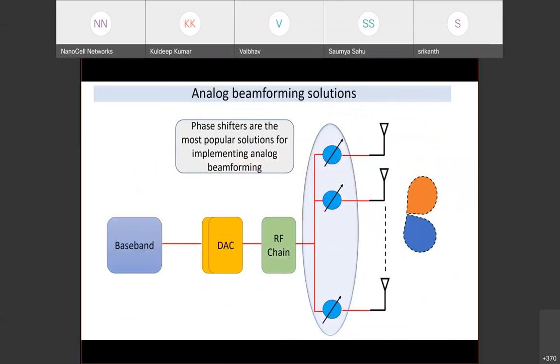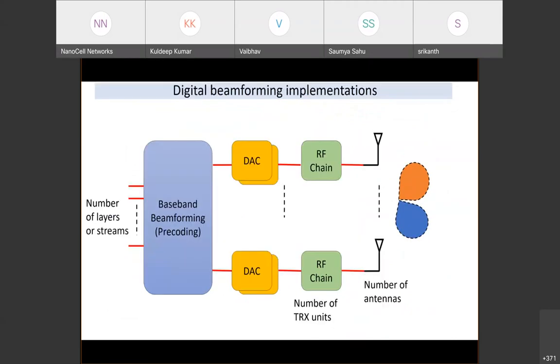In analog, remember, the simplicity is that one DAC and one RF chain are sufficient for your multiple antennas. But remember, at any given time, you can generate this beam or that beam or some other beam. These phase shifters are what will help you generate those beams. These are all analog implementations. You can control them digitally. If you do digital beamforming, you need multiple DACs, multiple ADCs, multiple RF chains.